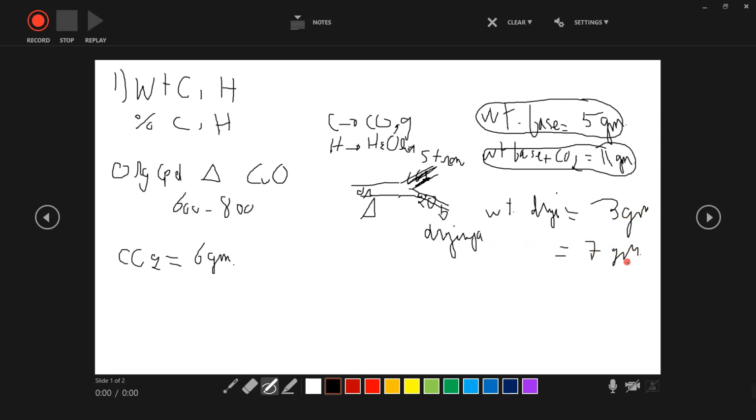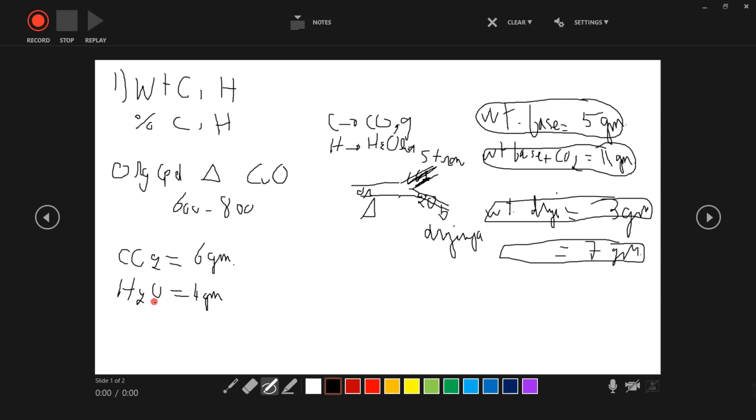Can you tell me what is the weight of water? Yes, it's a very easy process. I will do this, the weight of drying agent plus water, 7 gram minus the weight of drying agent only, and it will get me the weight of water that will be equal to 4 grams. Okay, very easy subtraction process. So water will be 4 grams. Like this, I was able to find the weight of carbon dioxide and the weight of water.